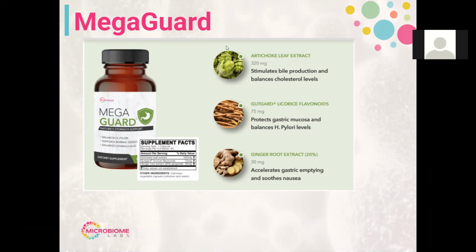MegaGuard is really effective at helping that bile flow and making sure that phase 2.5 detoxification is happening. The other great components of this formula are the very rich flavonoid licorice that inhibits the protein synthesis of H. pylori. It helps with the gastric mucosa pH balance, and then the ginger helps with gastric emptying and transport time.